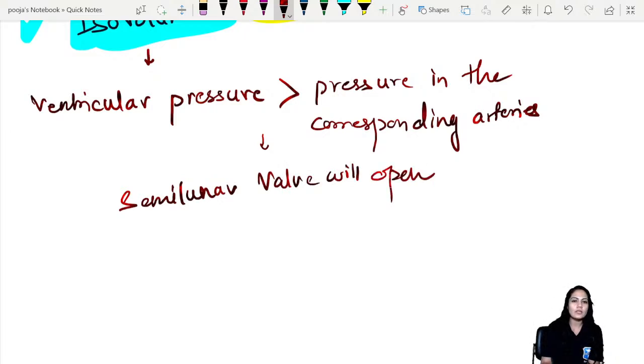And as soon as it is open, the pressure in the ventricles is already very high. Definitely the blood flows from high pressure to low pressure, so that's why the blood will flow into the corresponding arteries.